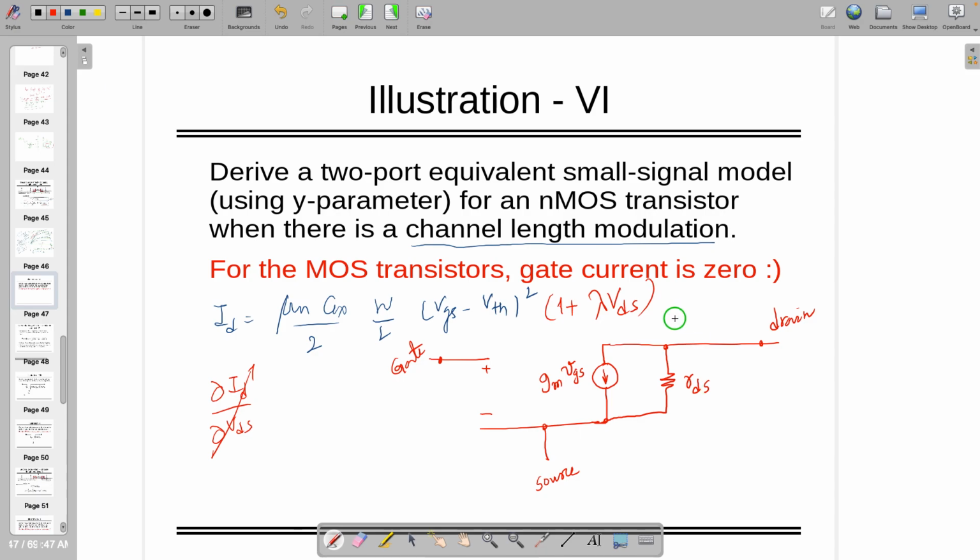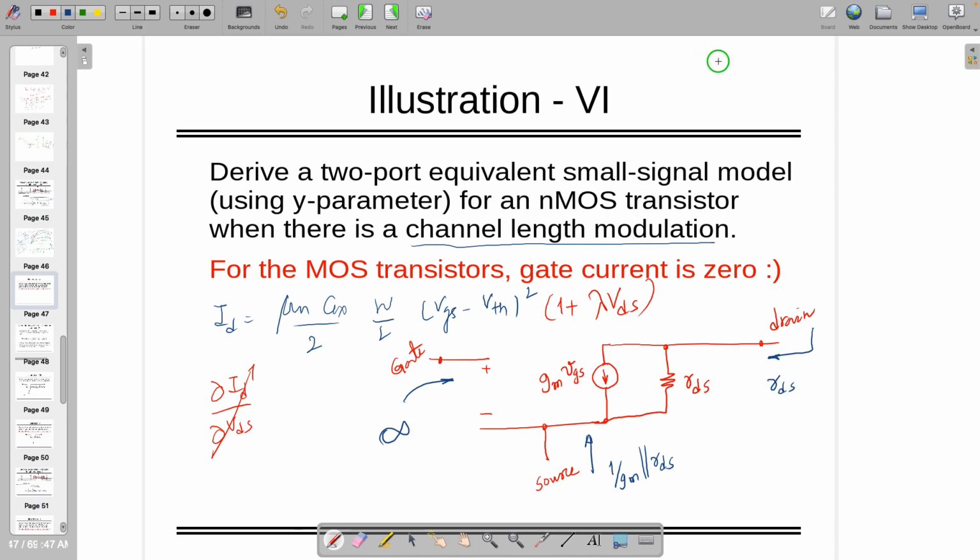One extra thing will be coming, del ID by del VDS, that's RDS. That has to be here, right? So now can you tell me the different resistances looking into different ports? So gate resistance is infinity, source resistance is 1 by GM in shunt with RDS. Looking from the drain, RDS.